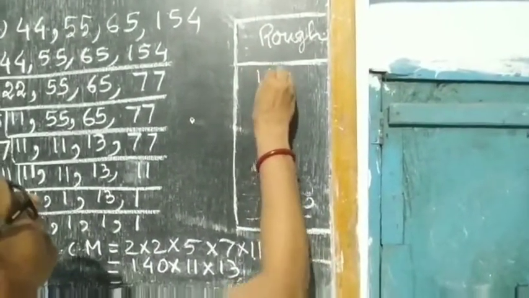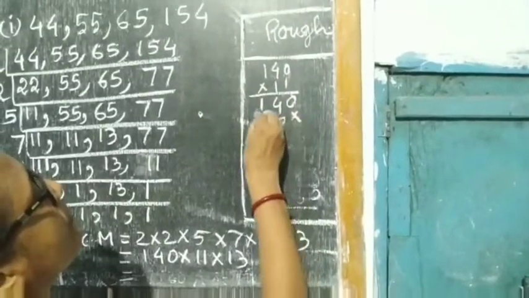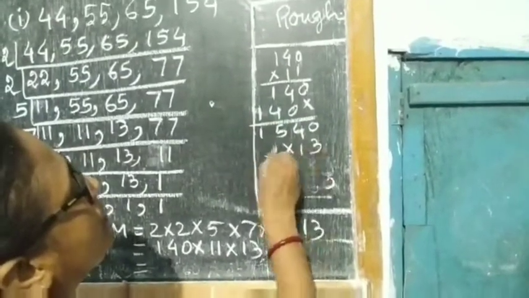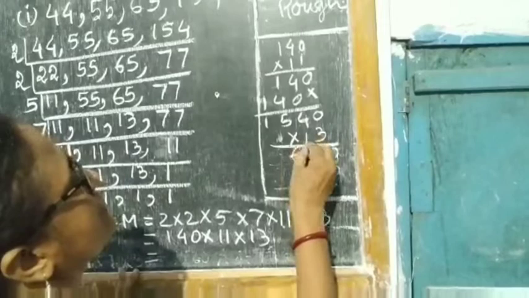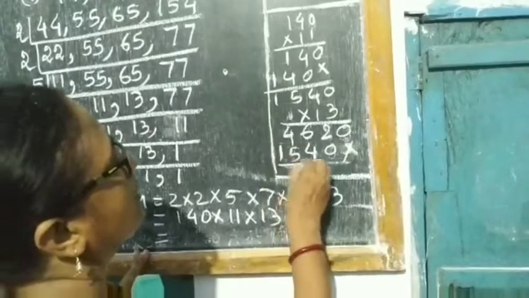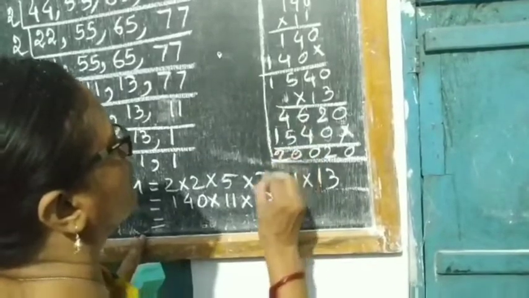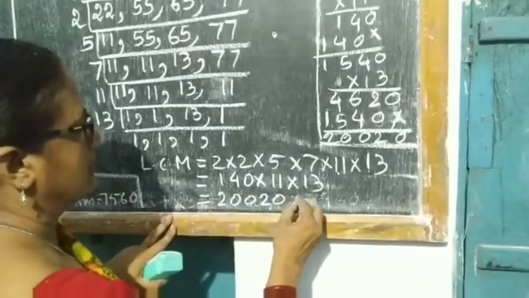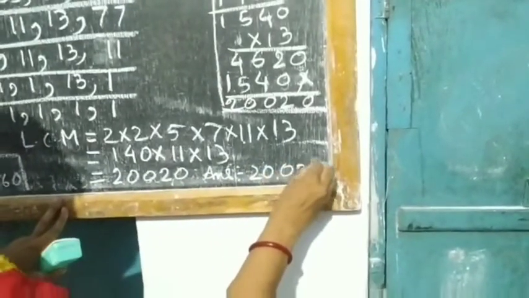So 140 into 11. Multiplying step by step, we get 20,020. Answer 20,020.